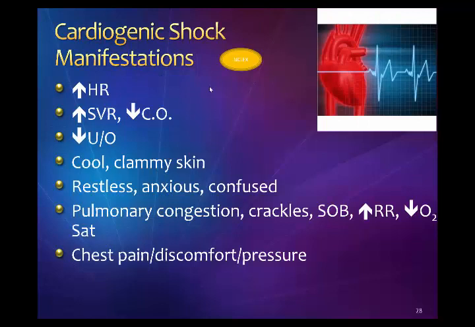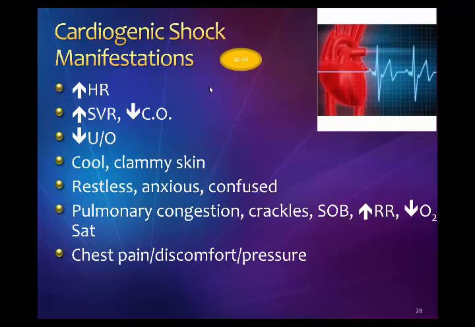All right, so when we're thinking about a patient that presents with cardiogenic shock, they are going to have an increased heart rate, increased systemic vascular resistance or afterload, a decreased cardiac output or preload, decreased urine output, cool, clammy skin, restless, anxious, confused.